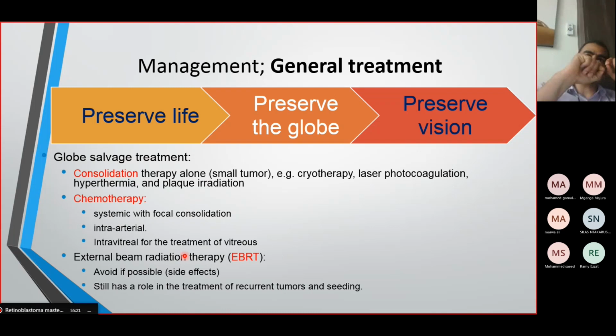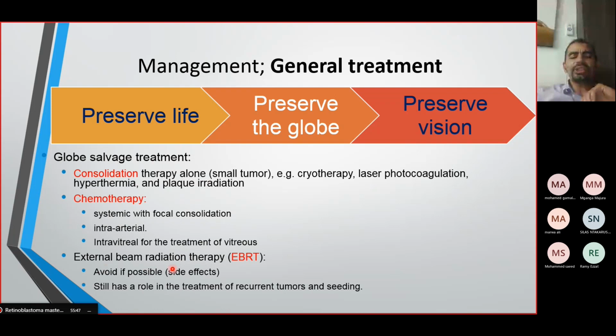You don't want the tumor cells to go outside the eye, so you do the injection, as we will see later on, of the chemotherapeutic agent, and then you either do cryotherapy at the site of the injection, or you inject some of the chemotherapeutic agent to prevent the reflux of the malignant cells.